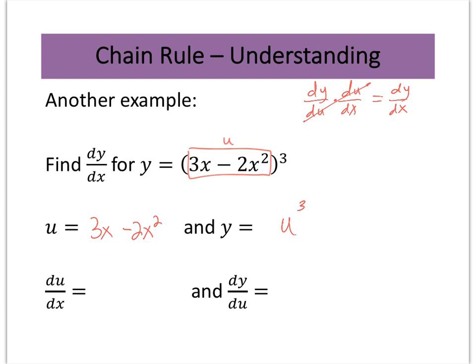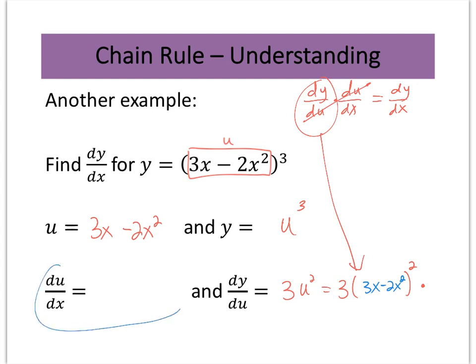So I need the derivative of y with respect to u, so 3u squared, but we know that u is going to be that 3x minus 2x squared. So I'm going to do it in blue, (3x minus 2x squared) to the power of 2, times, so this was dy du, and now I have to multiply it by du dx.